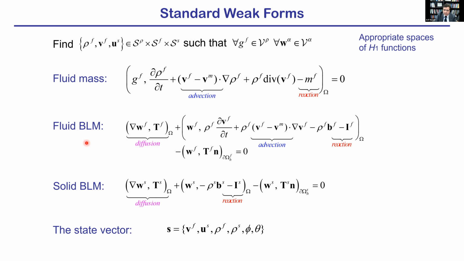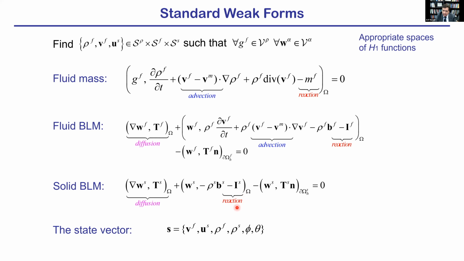Fluid balance of mass, for the case of low diffusivity, will become advection dominated or reaction dominated. So we need stabilization techniques here, and we are going to use VMS-based stabilization in this case. Now, if you look at the solid balance of momentum equation, which is otherwise a very benign, diffusion dominated equation, when we have an interactive force field, it brings in the chemical reaction terms.